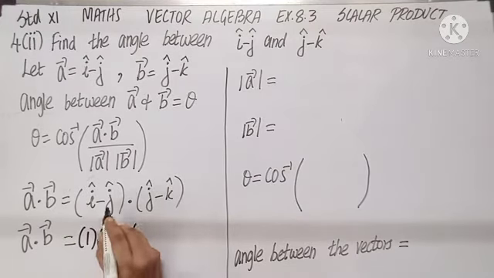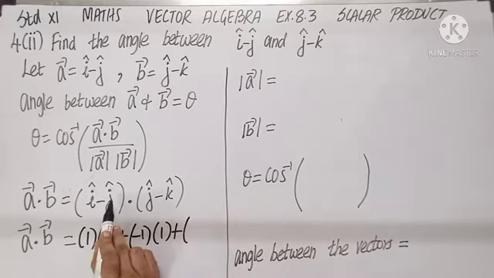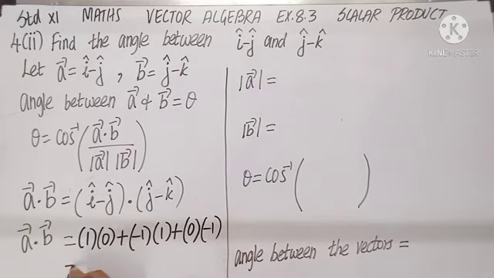Plus J and J, minus 1 into 1, plus K and K. Here K is missing, so 0. Here K is minus 1. So 1 into 0, 0. Minus 1 into 1, 0 into minus 1. So we get A dot B equals minus 1.